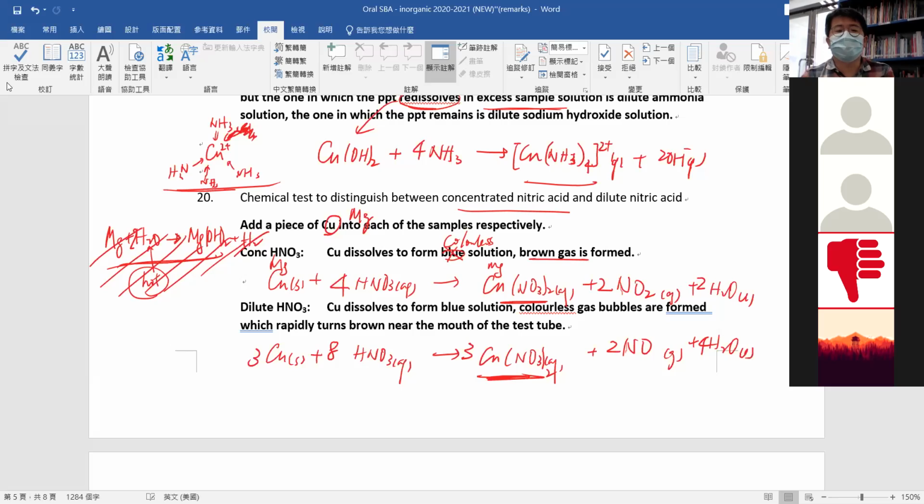So the brown gas formed is still correct. How about if I put it into dilute nitric acid? The Mg will dissolve to form a colorless solution, and colorless gas bubbles are formed that rapidly turn brown near the mouth of the test tube. So this is still correct.